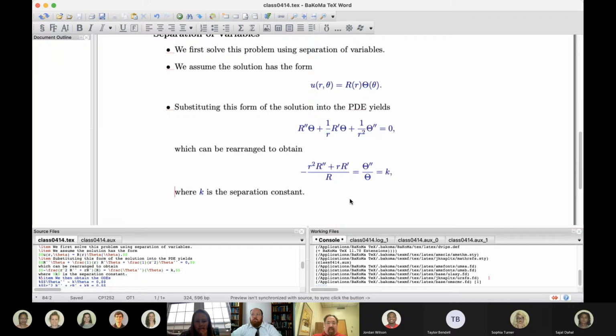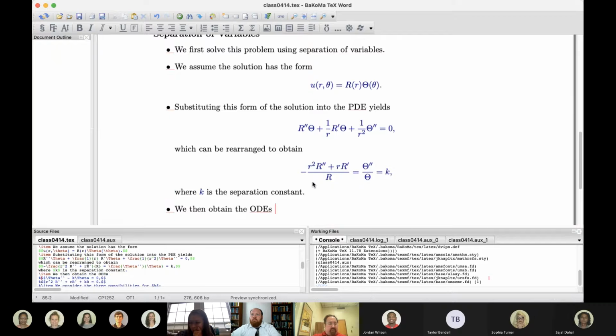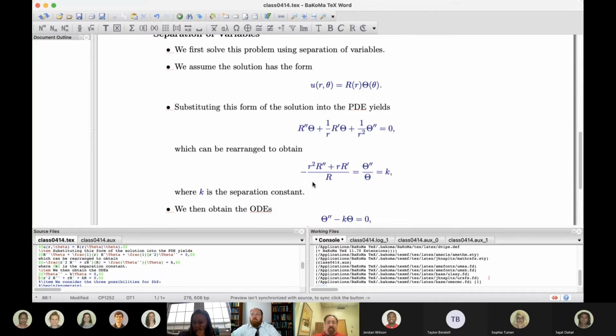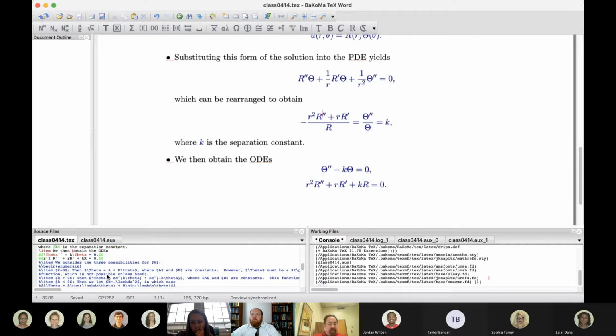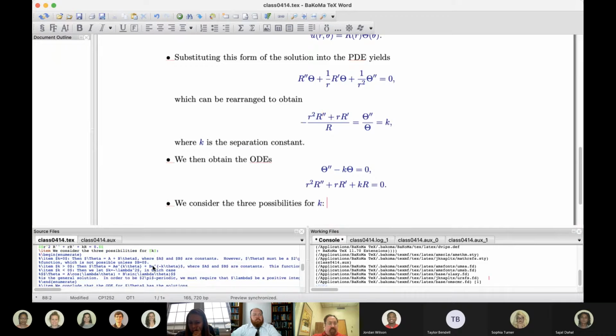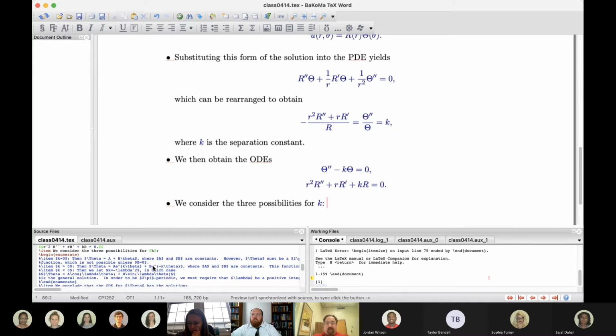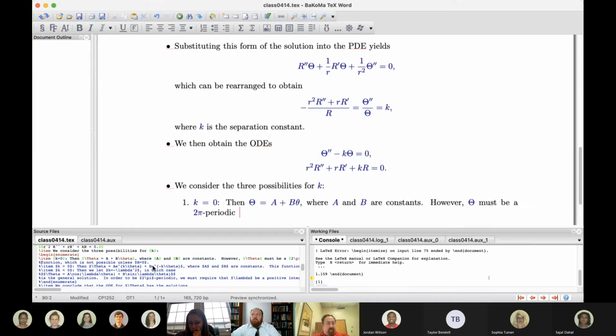This expression depends only on little r, and this is a function only of theta, so they must be constant. And k is that separation constant. Then these are the ODEs that we get by taking these two expressions and rearranging. Now, like before, with separation of variables, we have to consider cases of k being positive, negative, or 0.